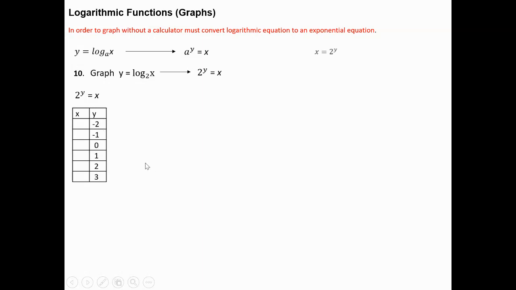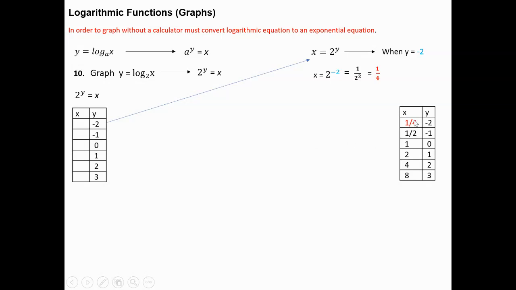-2 to 3. So again, if we plug in -2, it's going to give us 2 to the negative second power. It's going to give us 1/4. So my x is 1/4. And after we repeat the process, again like we did last time, when y is -1, I'm going to plug in the -1 for the y, and it's going to give us 1/2.